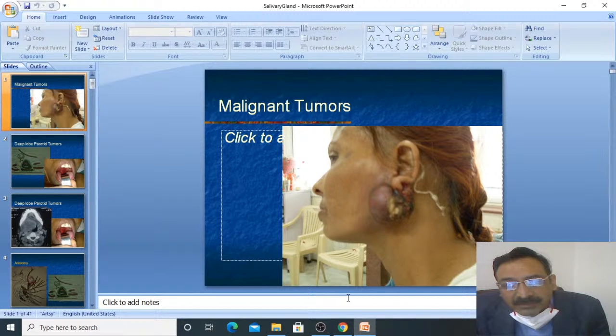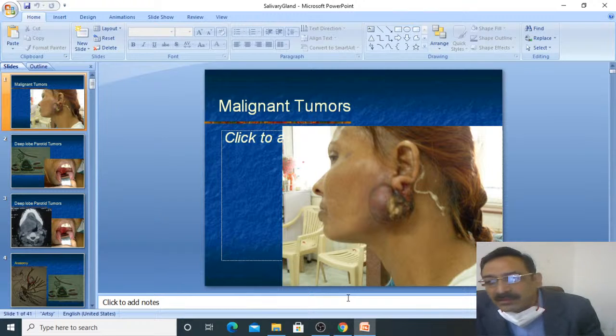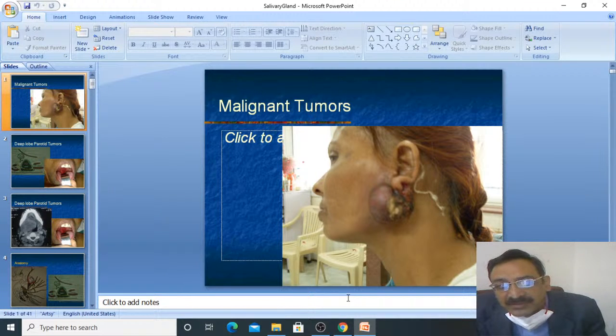And of course, like you read in your surgical books, if there is variable consistency, then that also is an indication for malignancy. But the point is that there are many parotid tumors which will display none of these signs and yet be malignant.